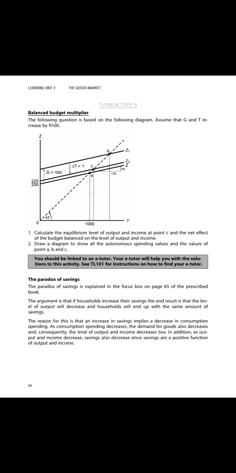Which is basically a combination of expansionary fiscal policy and contractionary fiscal policy. Contractionary fiscal policy is when, in this instance, your taxes are being increased. So you are increasing spending and, on the other side, increasing your taxes. So what is the net effect of that?